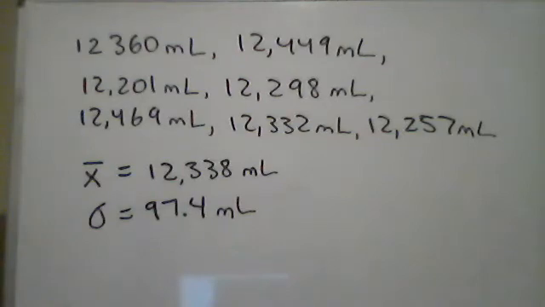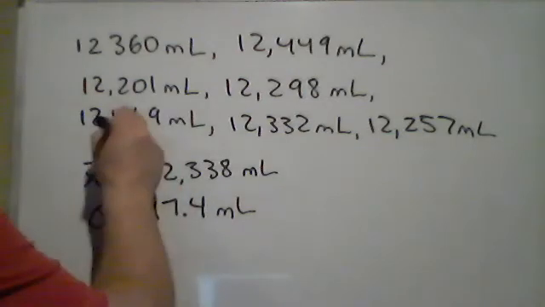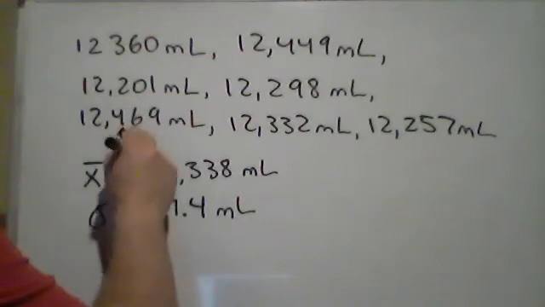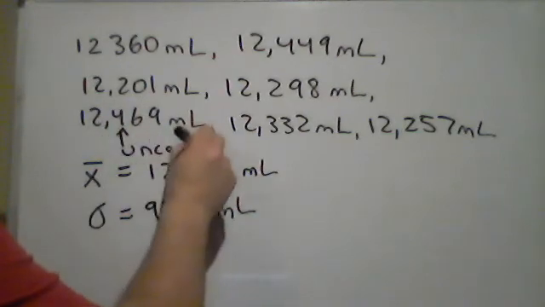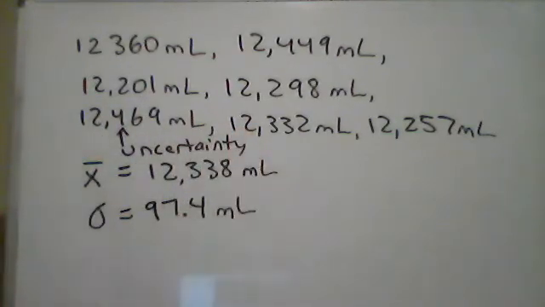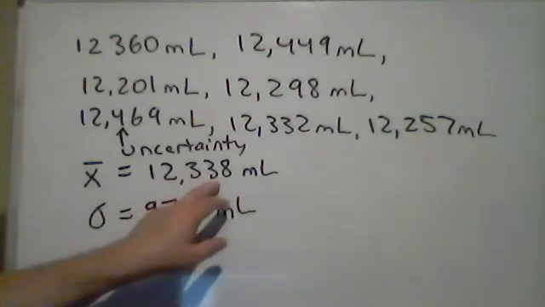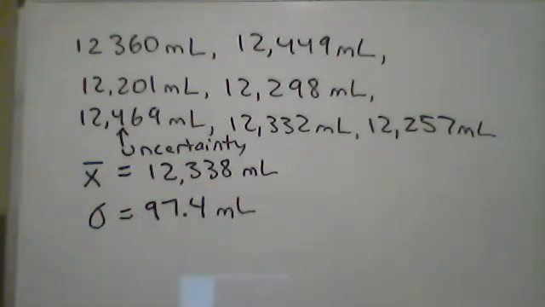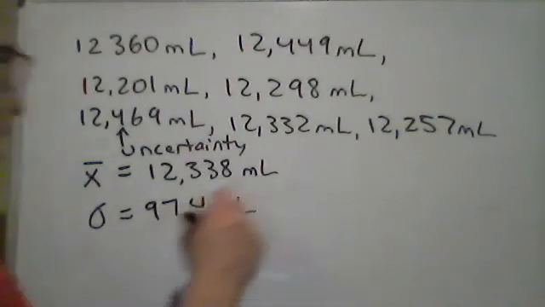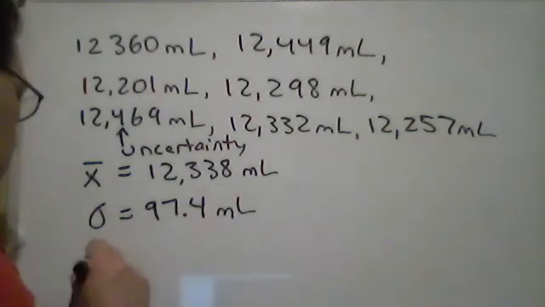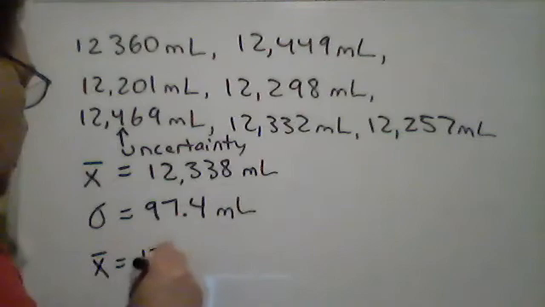So that's your first digit of uncertainty, in the hundreds place. That means for my average of 12,338, I can't argue the 38 at the end. The best I can say is that the average is really going to be 12,300.